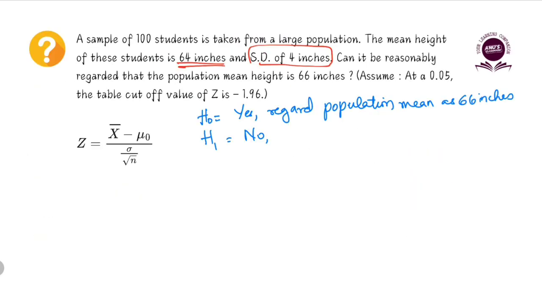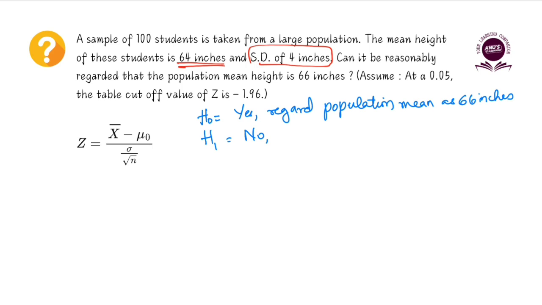The null hypothesis should be that there is no particular difference, like we are agreeing with the question asked, and the alternate hypothesis is we are disagreeing. So that is why the null hypothesis is yes, we are regarding the population mean as 66 inches. We are saying yes, the question asked is correct, and the alternate hypothesis is the opposite of it. Okay, so that was the first step. We wrote down our null hypothesis and our alternate hypothesis.